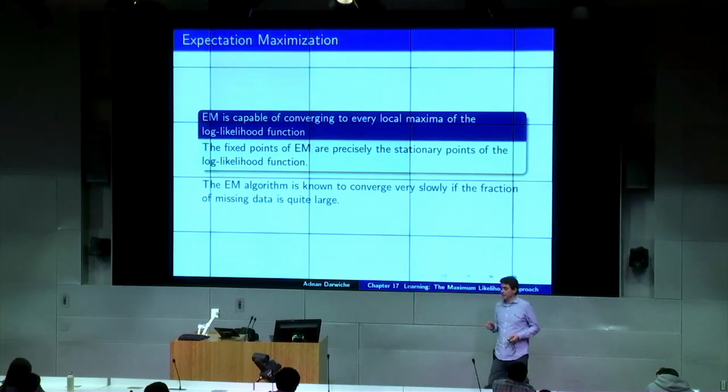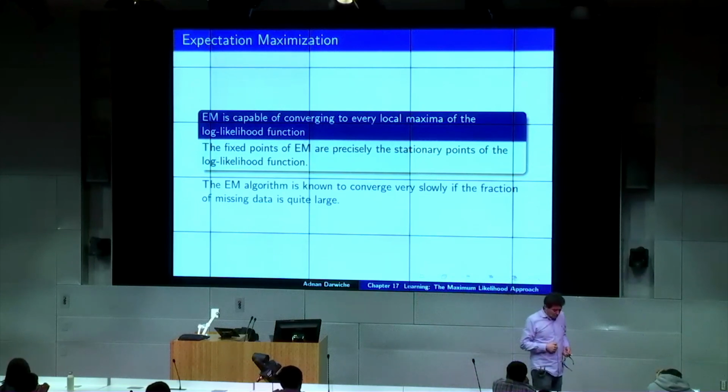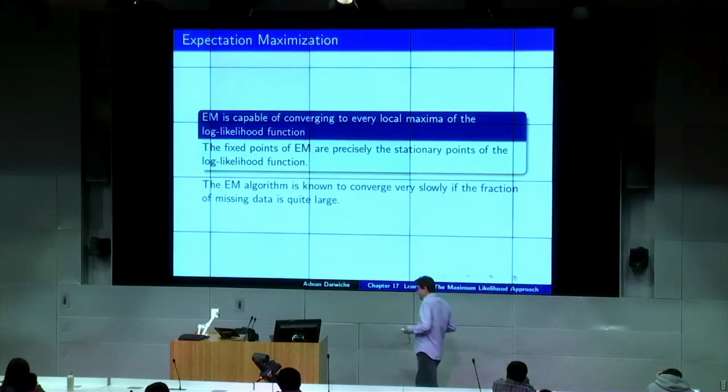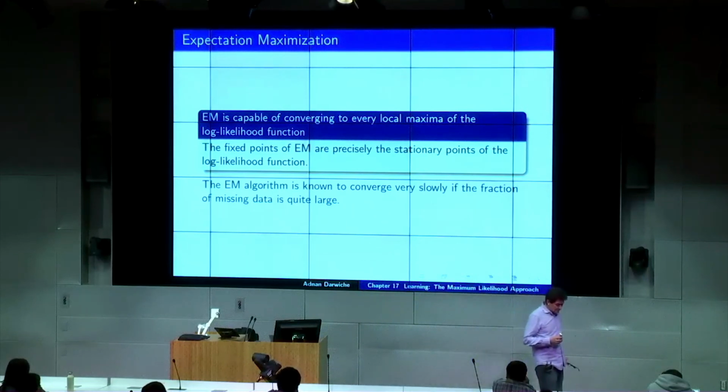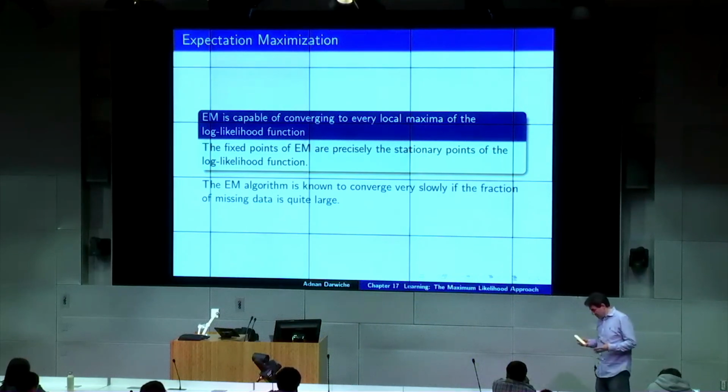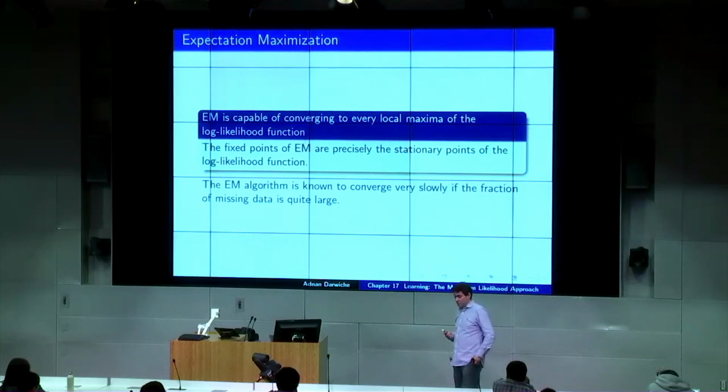Okay? And that's pretty common with these kind of methods. EM is very important. It's a bread and butter for a lot of work. It's the method of choice in this case for incomplete data.